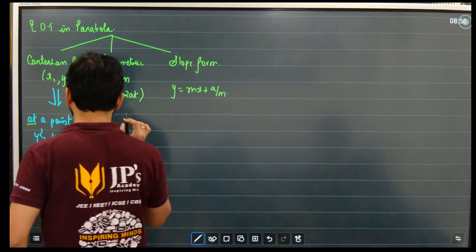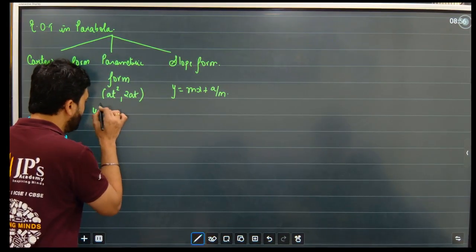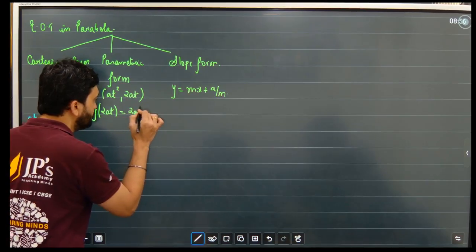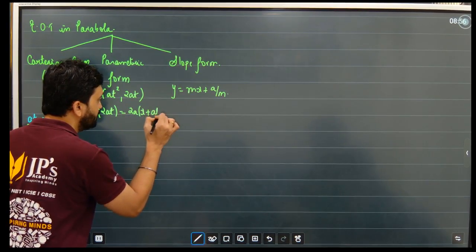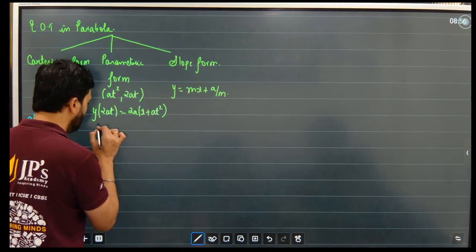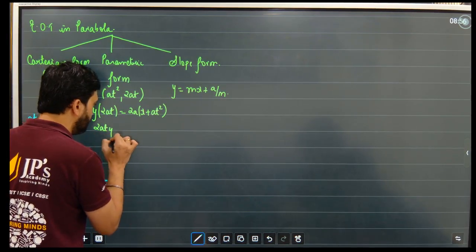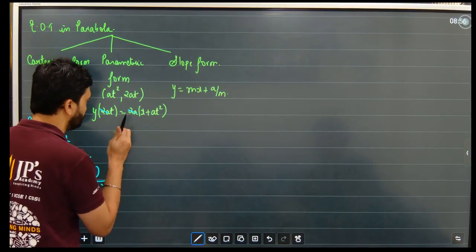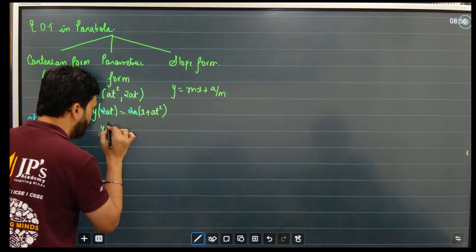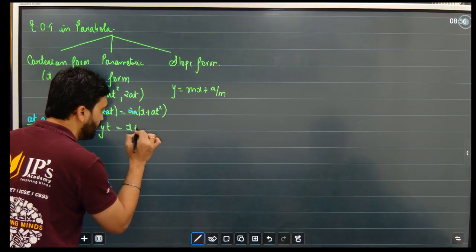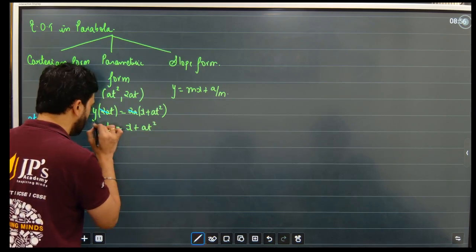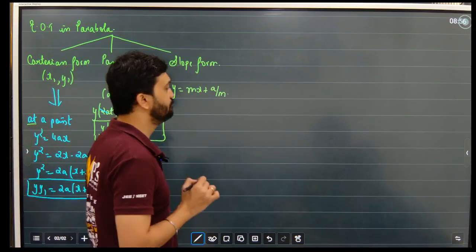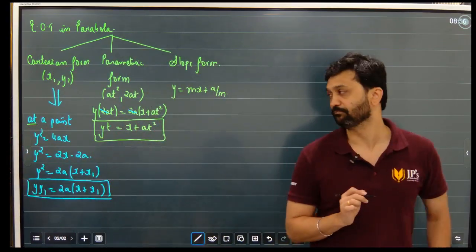So see what this becomes: y into 2at is equal to 2a into (x plus at^2). So I can eliminate the 2a. My formula is yt is equal to x plus at^2. This is the equation of tangent in the parametric form.